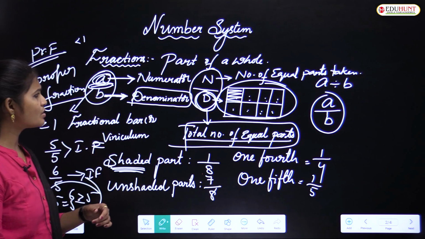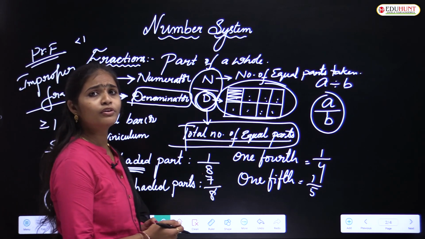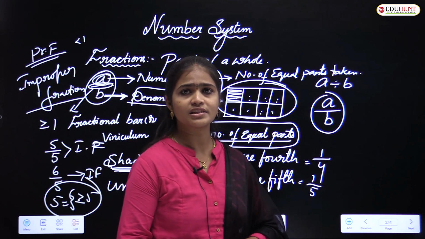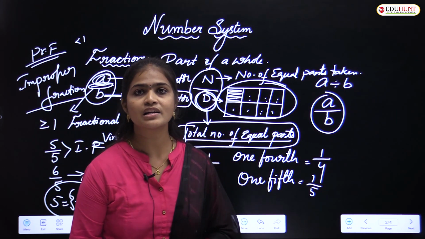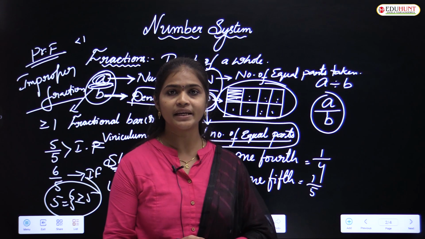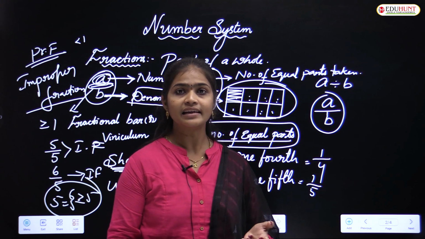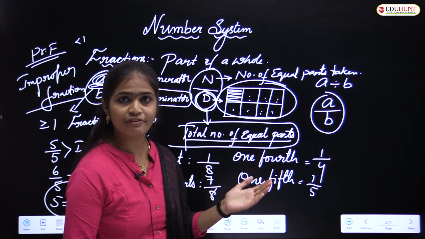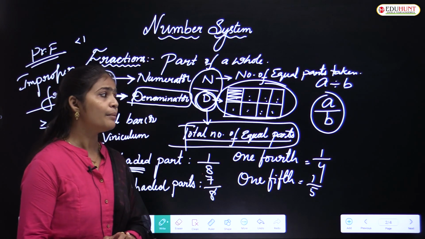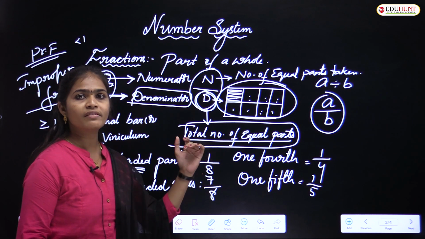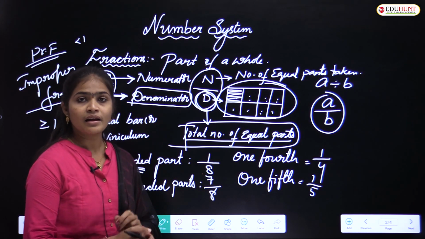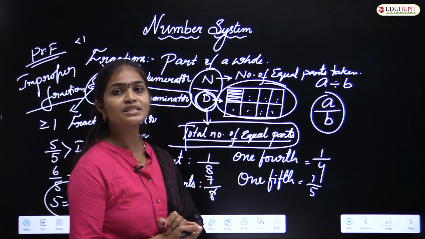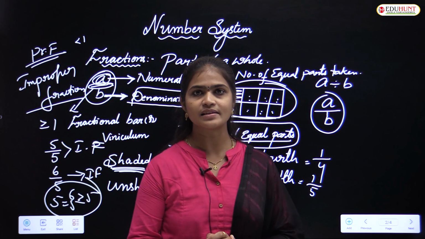Why are we discussing fractions before rational numbers? Because rational numbers are also in the form a by b, which we will write as p by q form. So p by q is a fraction form only, no? But here fractions always means positive fractions, whereas in rational numbers we have negative fractions also.